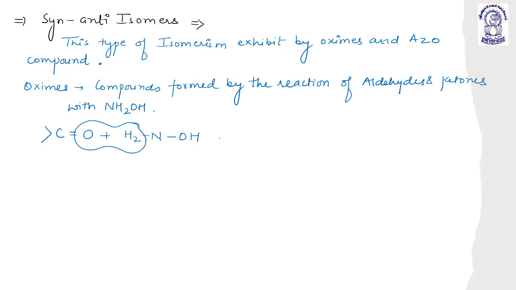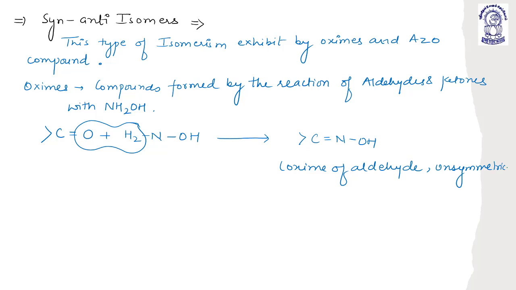It is a nucleophilic addition followed by an elimination reaction. So the oxime of an aldehyde and the oxime of an unsymmetrical ketone show syn and anti isomerism. They show geometrical isomerism.